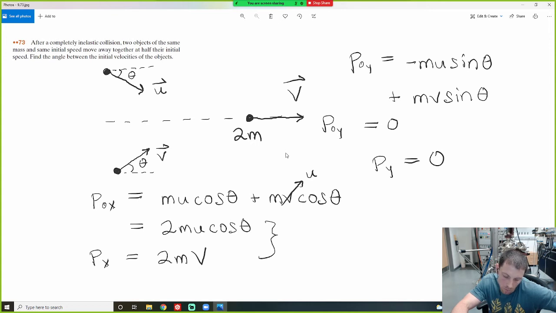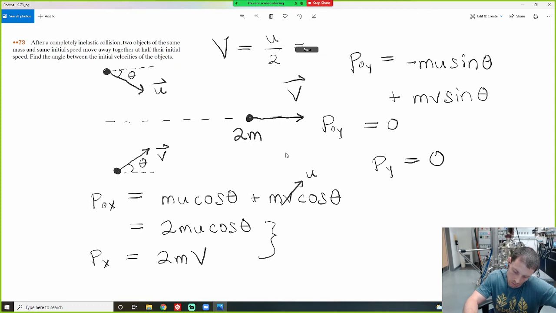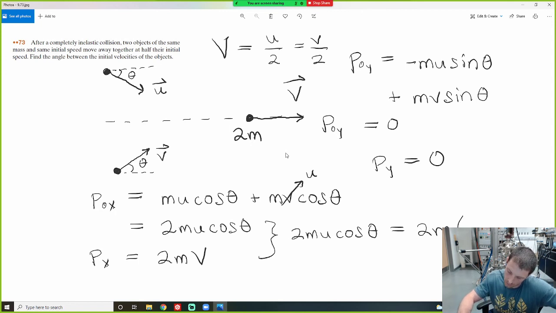Oh, and we're told that they move together at half their initial speed. So what that means is that the magnitude of big V is just u over 2, which is also little v over 2. So we'll plug that in now. Now we're looking at the conservation of momentum in the x direction, and we can write 2mu cosine theta equals 2m, and remember big V is 1/2 u, so we can write this u over 2.